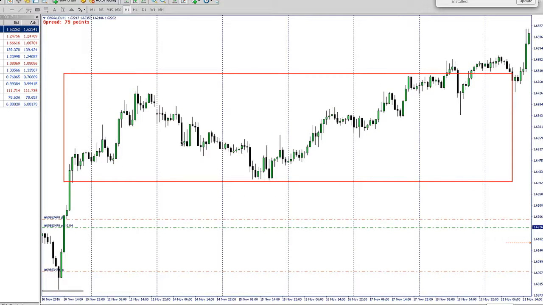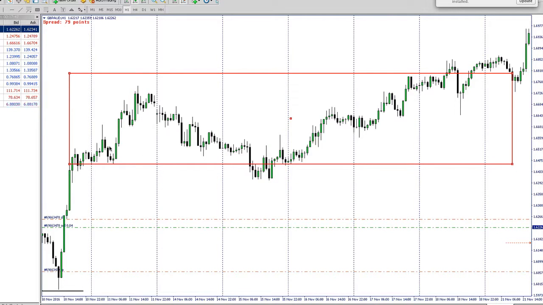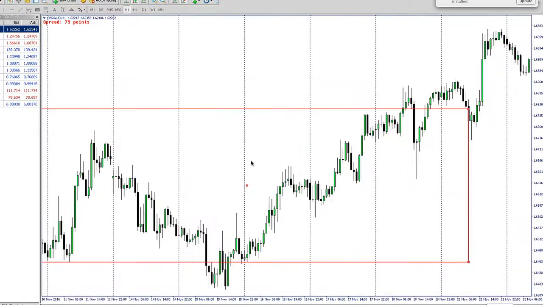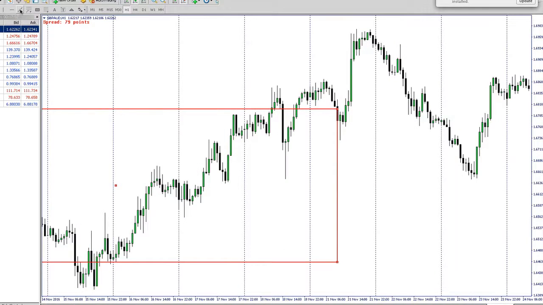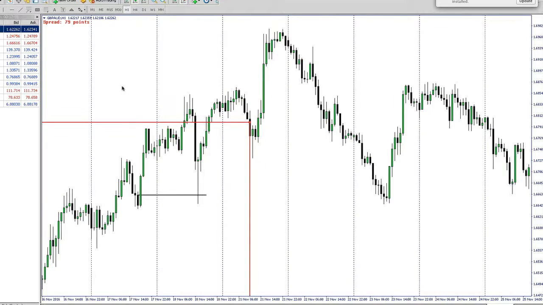So it's oversold here. Actually, it turtle soups this low and then rallies up. Order block out. And this is a fake out because it doesn't just bounce away, it rallies through it.